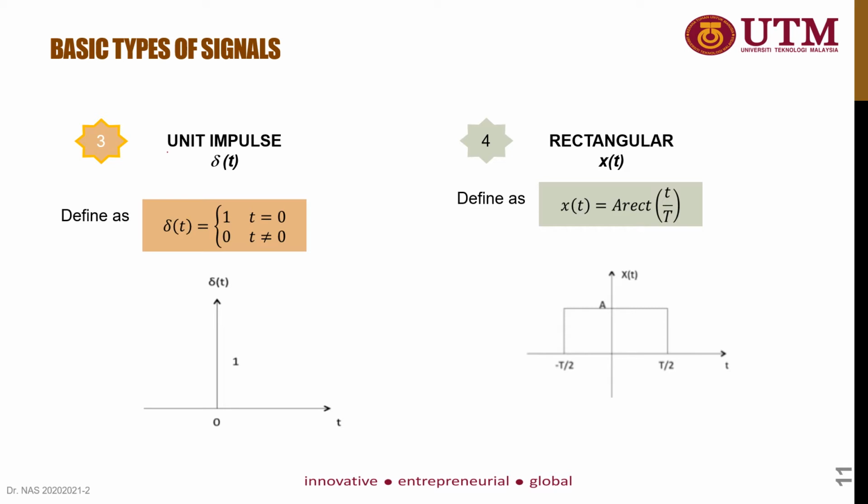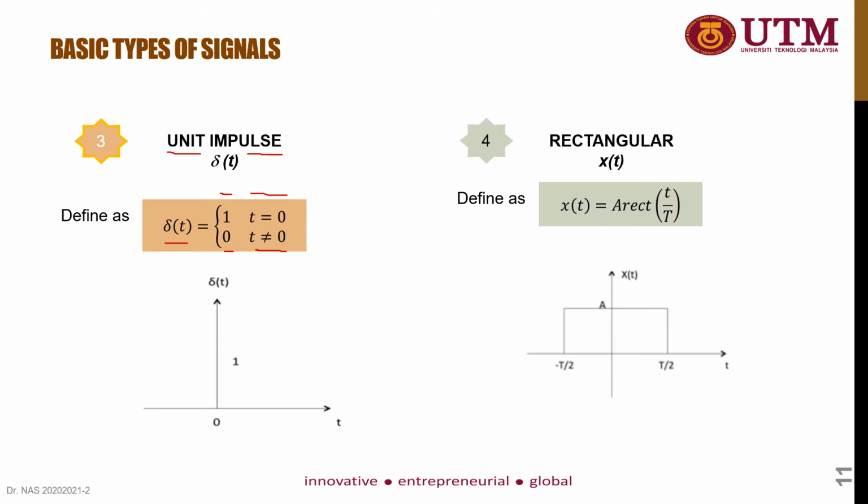Unit means 1, and an impulse is something like a burst. The unit impulse is given as delta(t), and the amplitude is always 0 when t is not equal to 0, and the amplitude is 1 when t equals 0, just as the graph shown here.